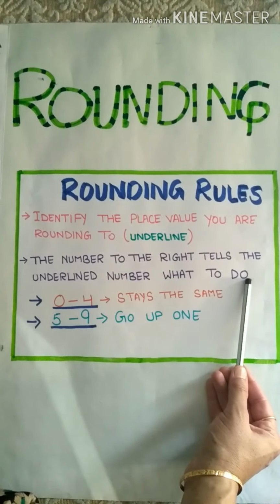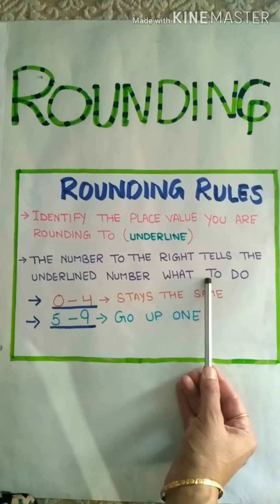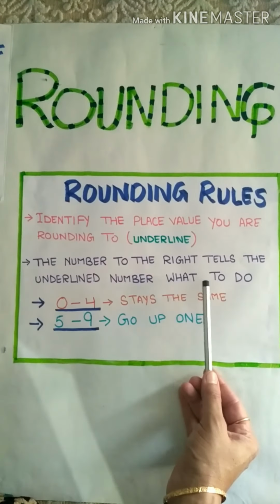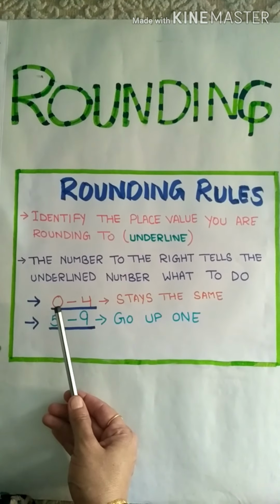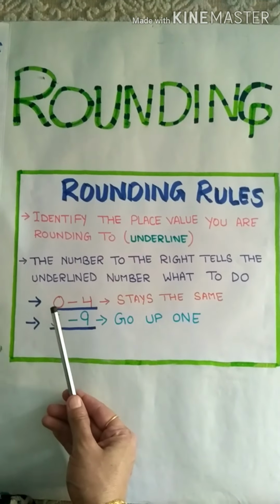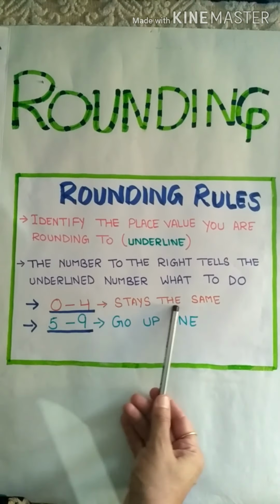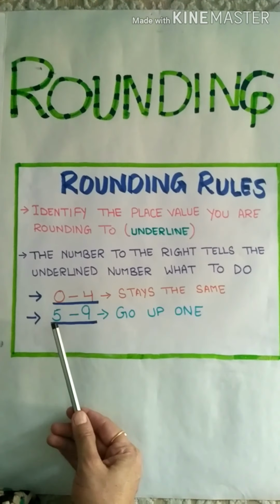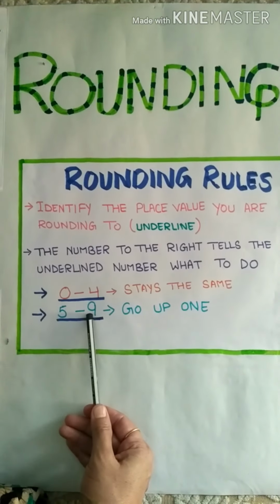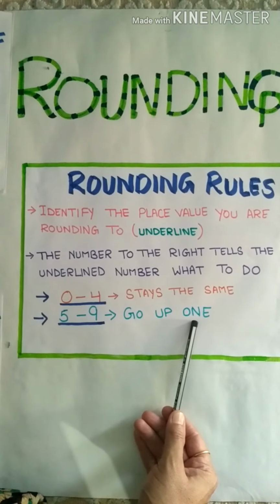The number at the right side of the underlined digit will tell us what to do. If the digit lies between 0 to 4, then the number stays the same. But if the digit lies between 5 to 9, then the number goes up by 1.